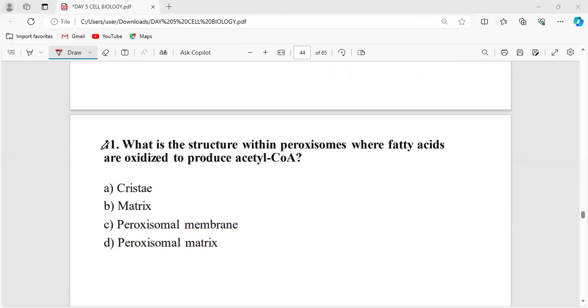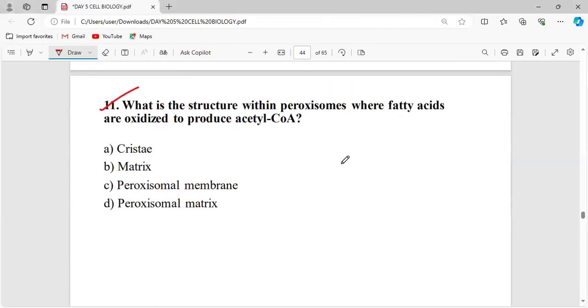Now, what is the structure within the peroxisome where fatty acids are oxidized to produce acetyl-CoA? What will be that? That will be obviously the peroxisomal matrix.